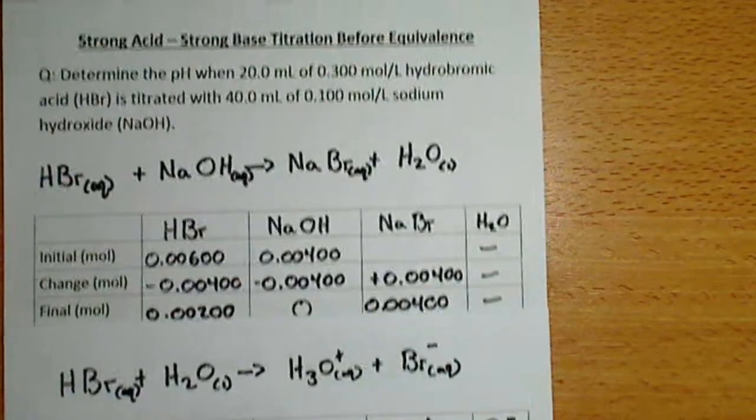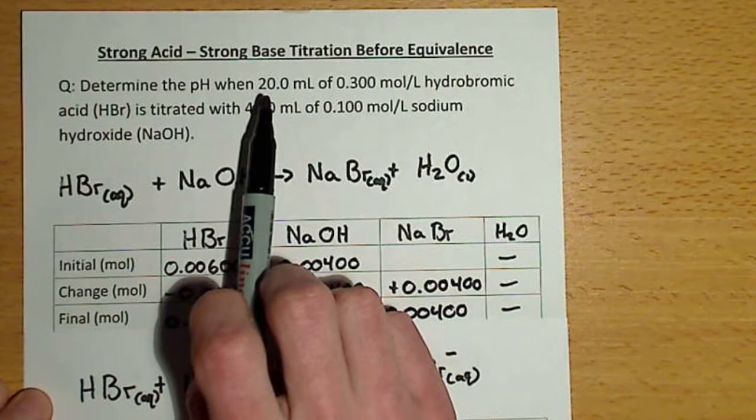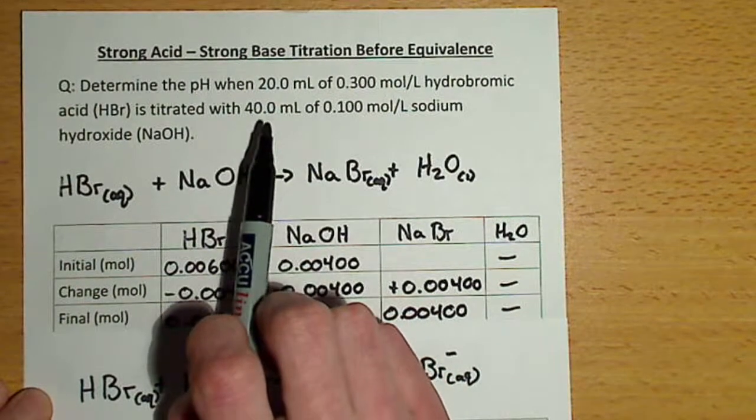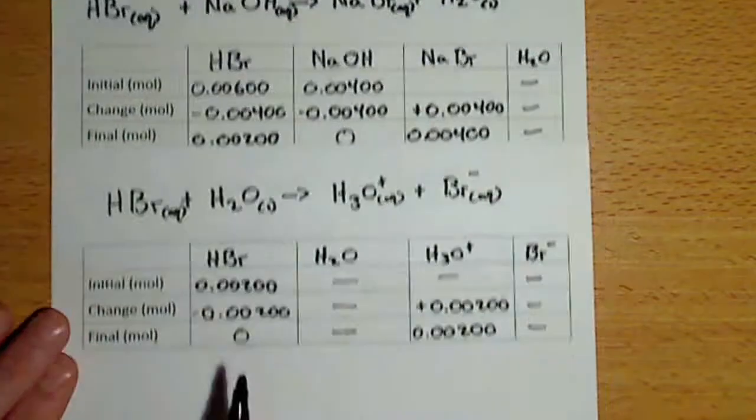However, we must keep in mind that the volume has changed. Initially, we began with 20 milliliters, and we added 40 milliliters of sodium hydroxide. So let's take a look at our new volume.